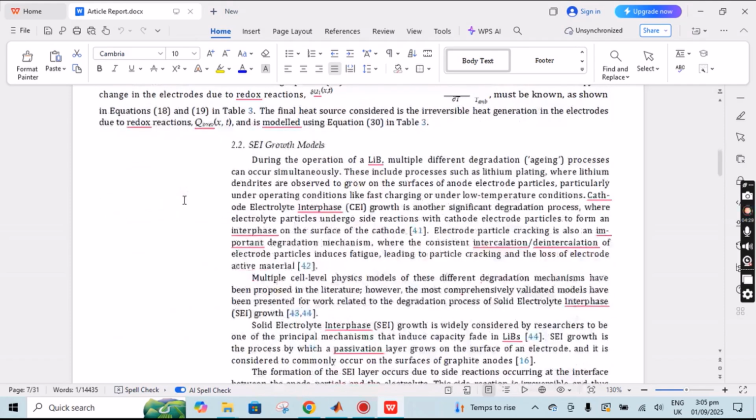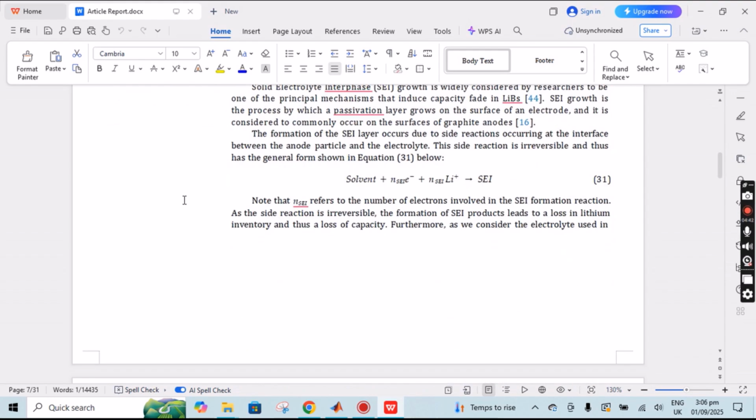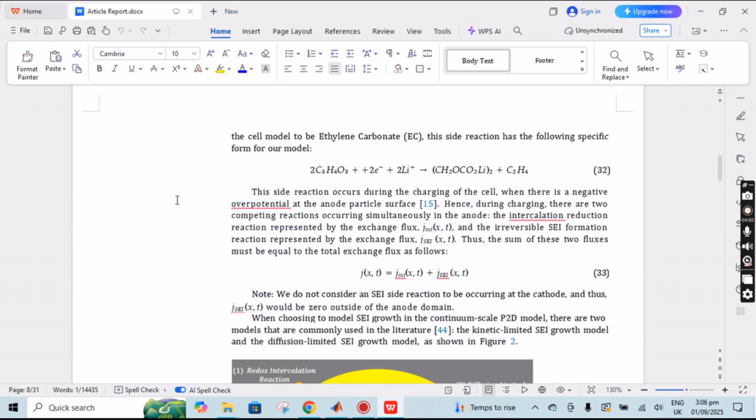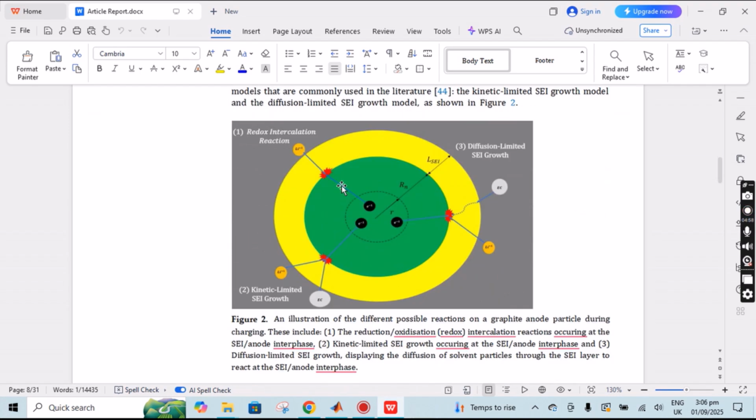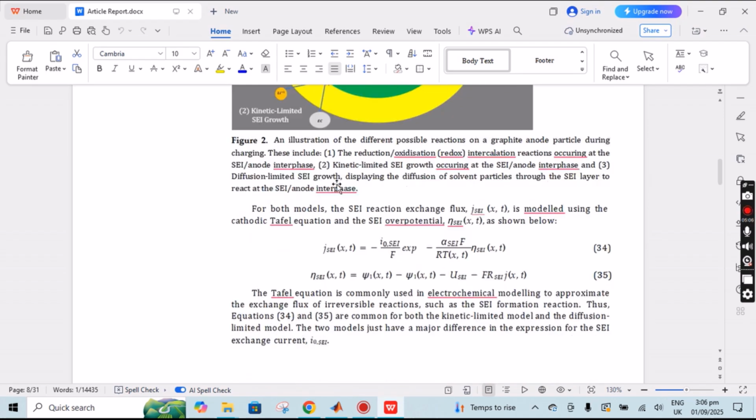I have added the SEI growth models, which are basically used for the multiple different degradation processes of the LIB, and these equations cover the solvent, the positive electrode, and the negative electrode accordingly. These are the mathematical chemistry equations used for our model, and these are the diffusion limited SEI growth according to the lithium-ion battery, and kinetic limited SEI growth as well.